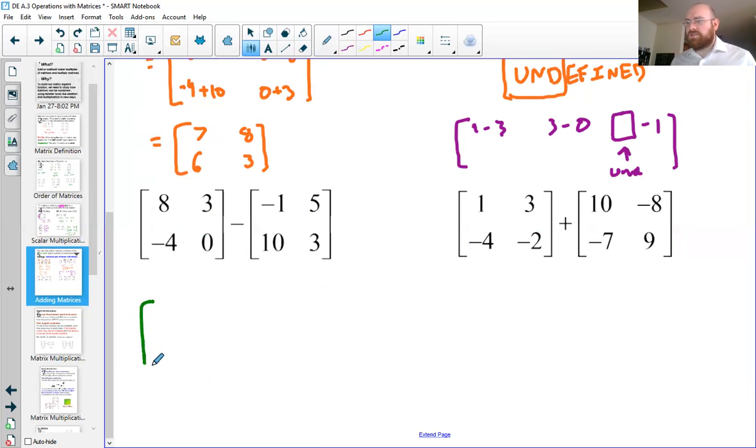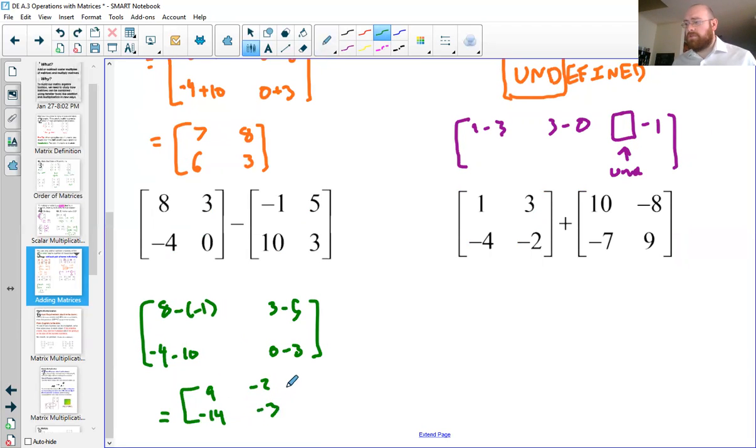So our new matrix would be 8 minus -1, 3 minus 5, -4 minus 10, and 0 minus 3. When we simplify our matrix, we get 9, -2, -14, and -3.